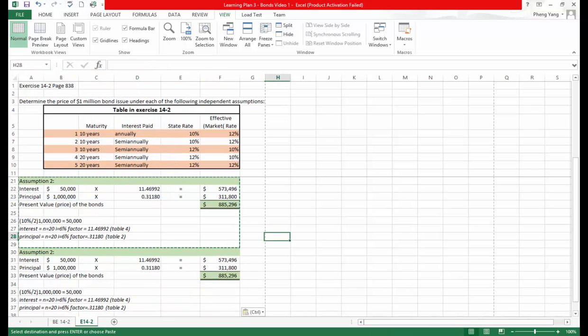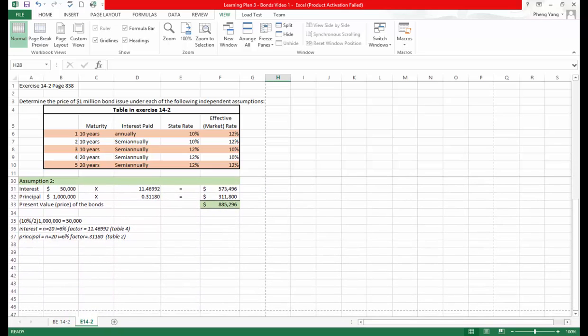Okay, once again, I'm going to paste and do this. I'm going to scroll up. This is assumption 3 now. For assumption 3, the stated rate is 12%, paid semi-annually. So we're going to take that 12% divided by 2 times 1 million.